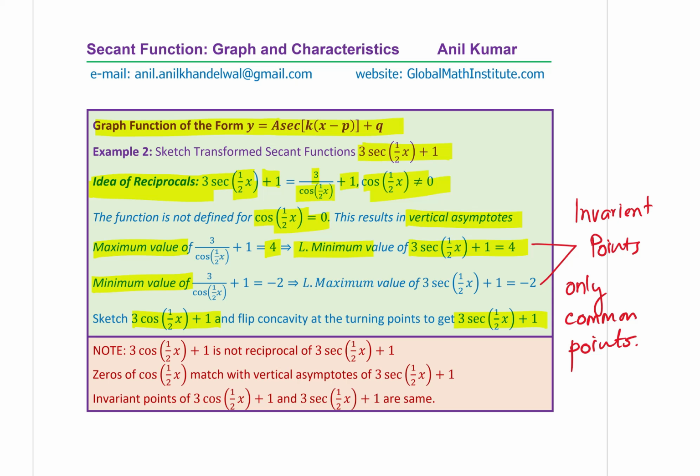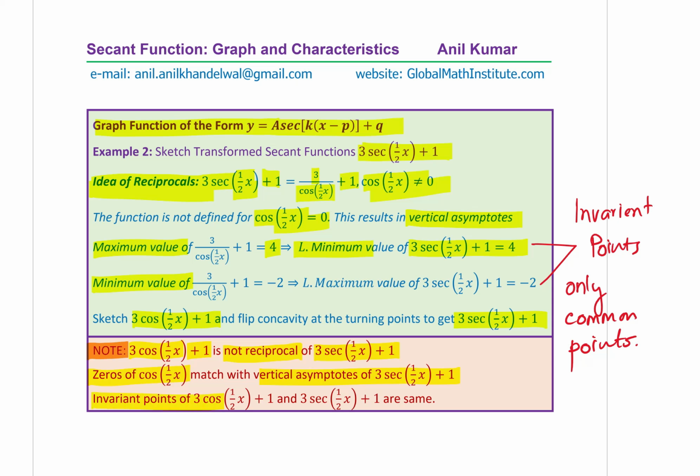Now here is a very important note for you to understand: 3 cos half of x plus 1 is not the reciprocal of 3 sine half x plus 1. Remember that, correct? Second, the zeros of cos of half x match with the vertical asymptotes of the whole secant function, right?